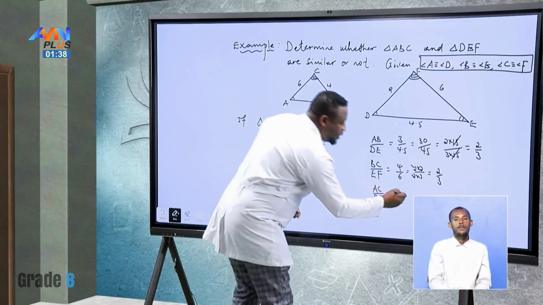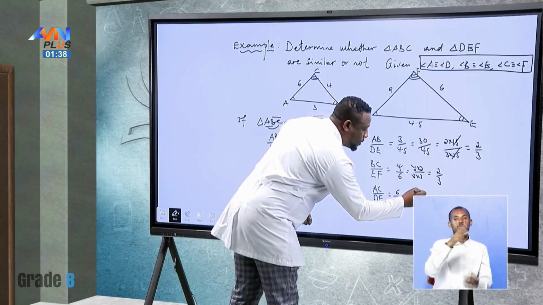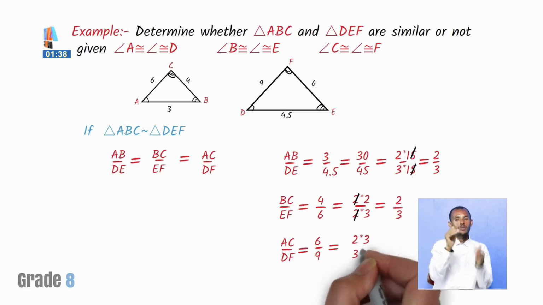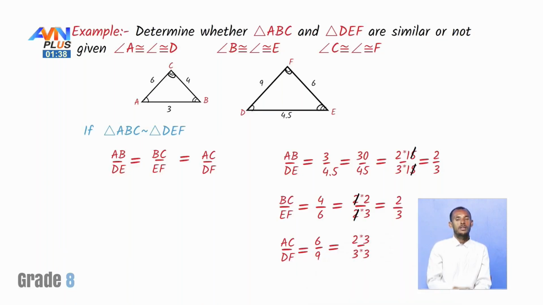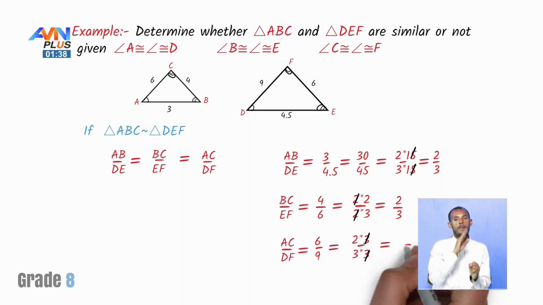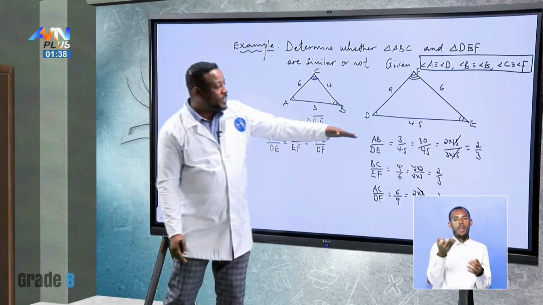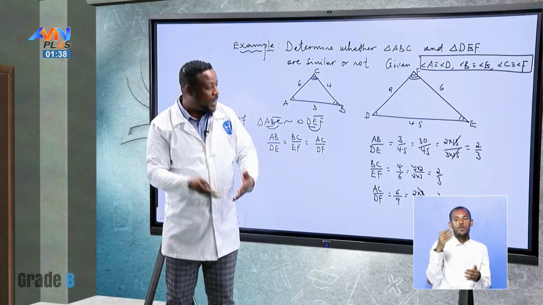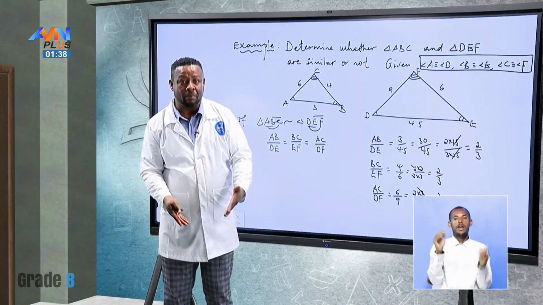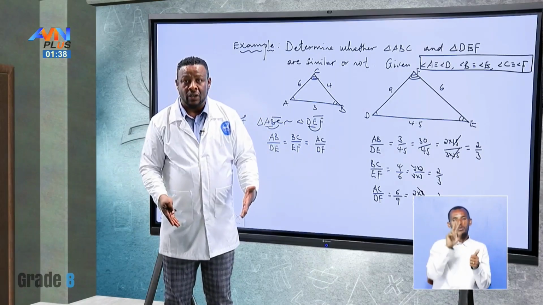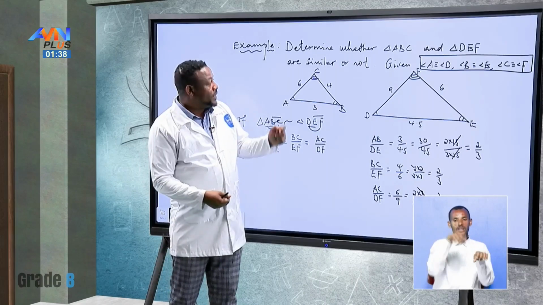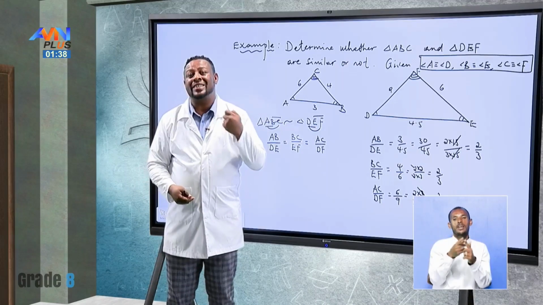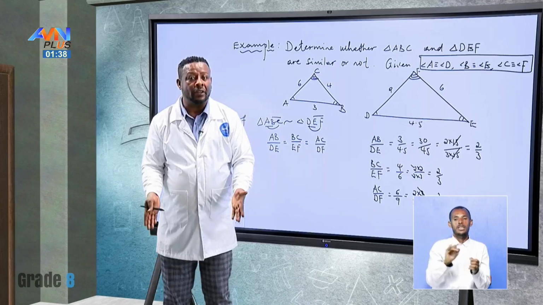So 6 is the same as 2 times 3, and 9 is the same as 3 times 3. So now this can be simplified to 2 over 3. Well, as you can see here, all the ratios of the corresponding sides are the same, which is 2 over 3. Okay, so the second condition for similarity is satisfied.